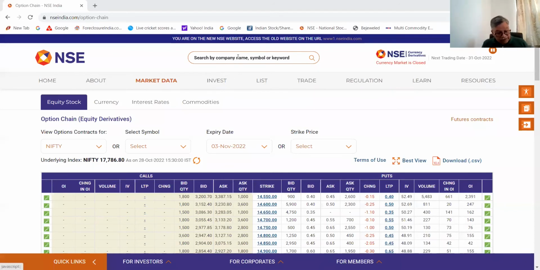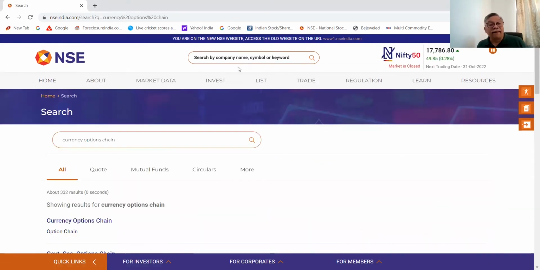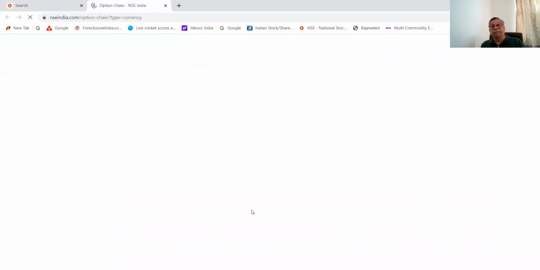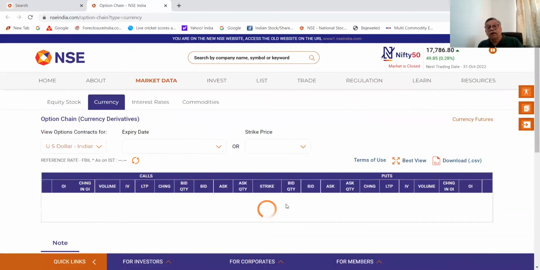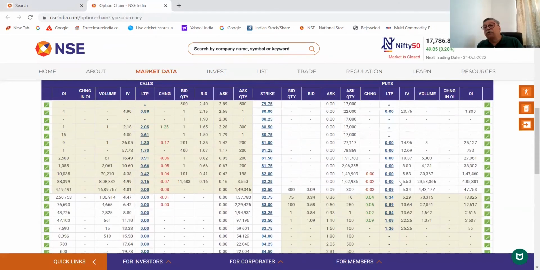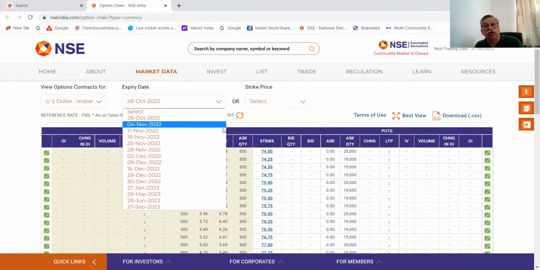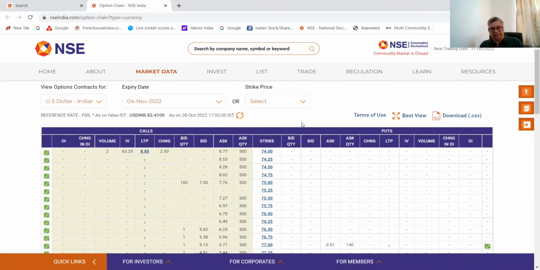Just search over here for currency options chain, and you will get the currency options chain. As it opens, of course, right now it's closed. The 20th October expiry, forget that. Let us go for the 4th November expiry. This is the next one.